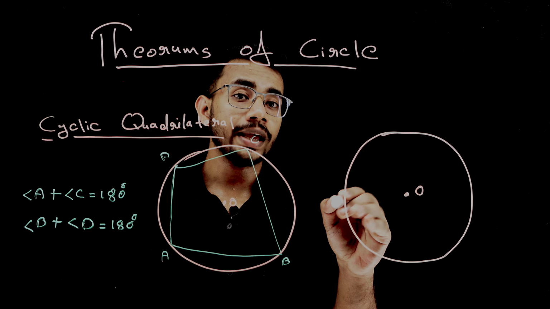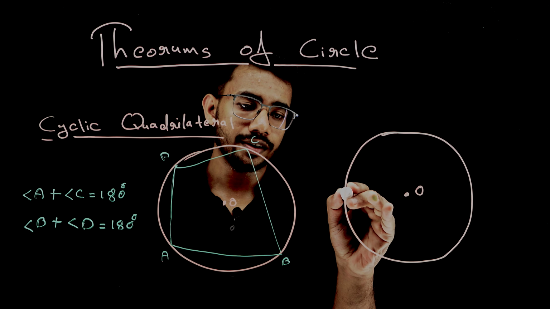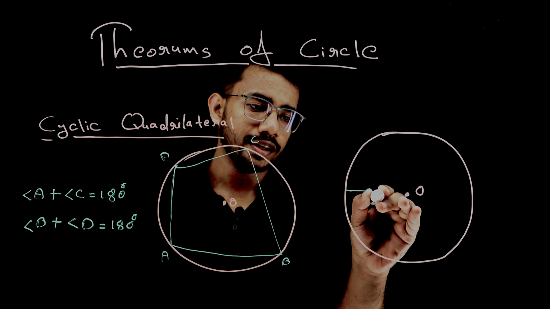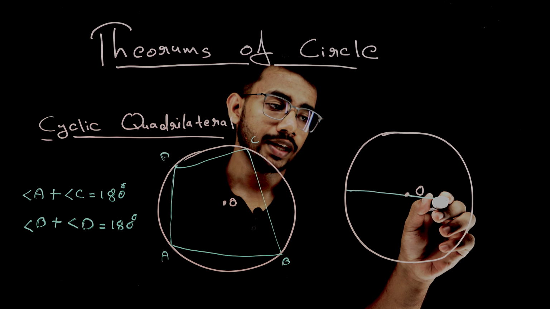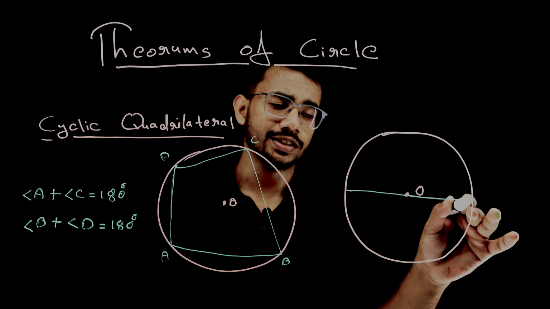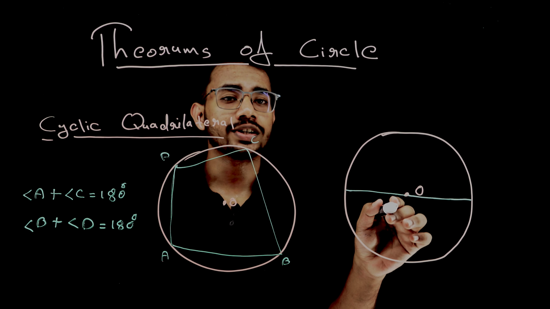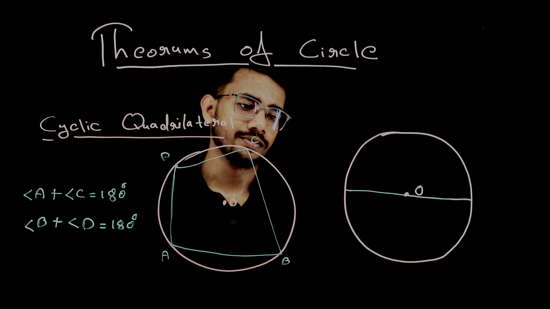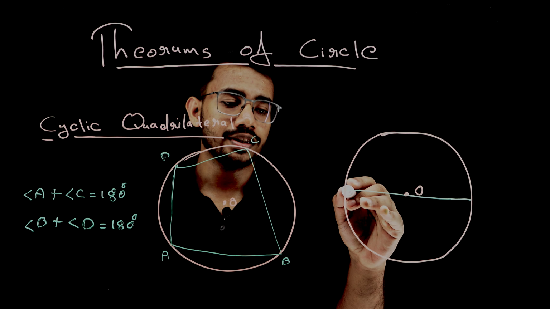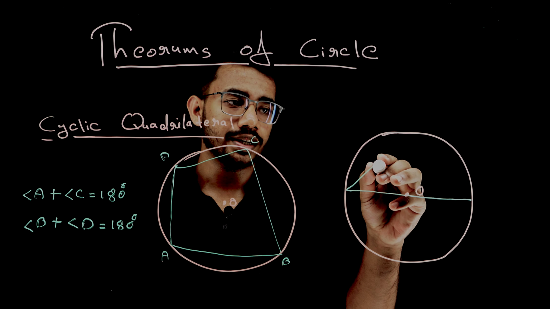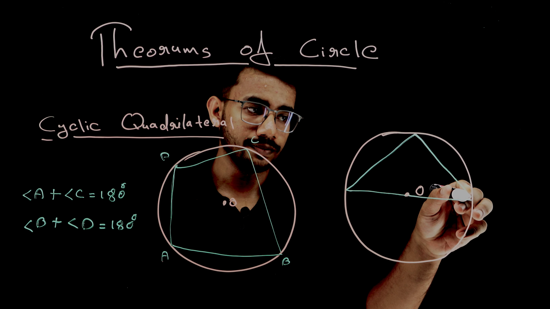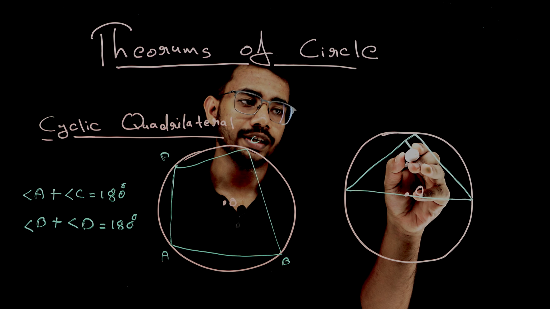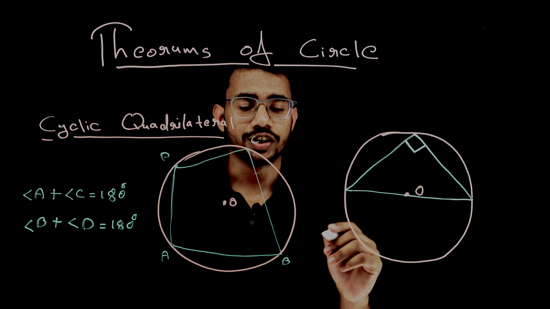And I'm going to form a triangle in such a way that one of the sides is going through the center of the circle and touching the other side of the circle itself, or one of the sides of the triangle is the diameter of the circle itself. And if that is the case, then the angle formed at the other point on the circle itself will be 90 degree. So that is my second rule.